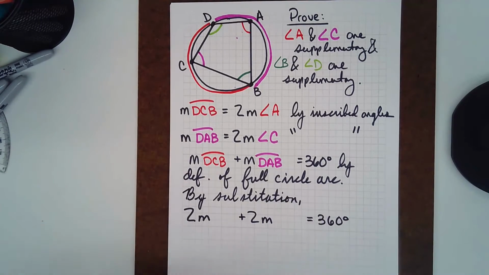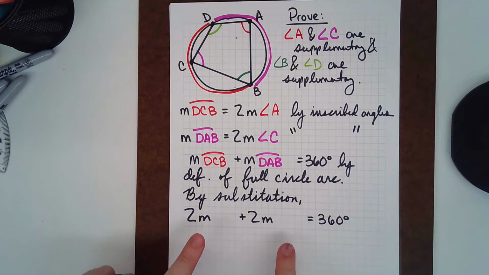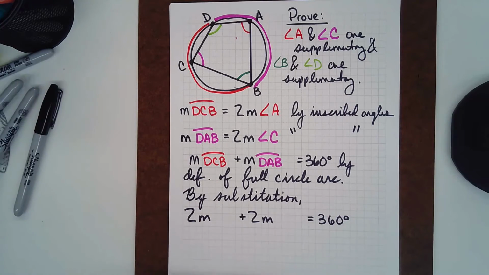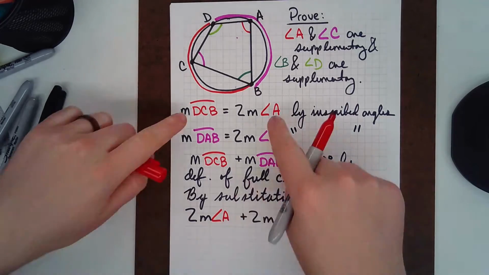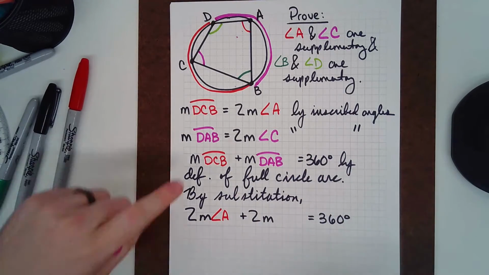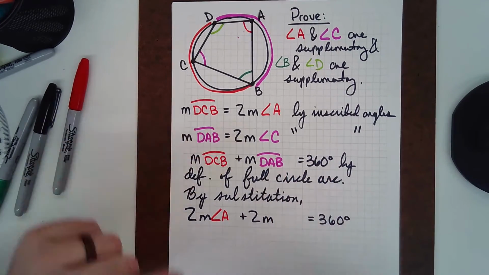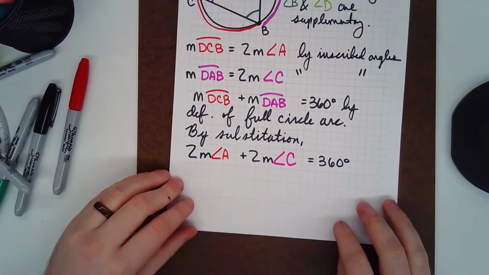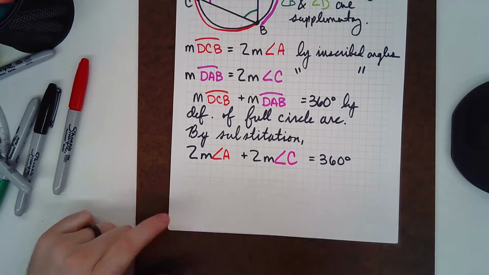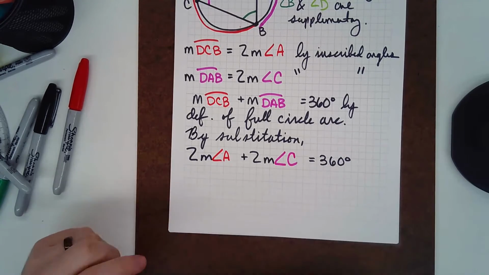So again, I'm just taking this equation right here, and instead of writing DCB, I'm going to write 2 times the measure of angle A, because they are one and the same. And instead of writing DAB, I'm going to write 2 times the measure of angle C, because they are one and the same. And now I have a new equation that says 2 times the measure of angle A plus 2 times the measure of angle C is going to get us 360.